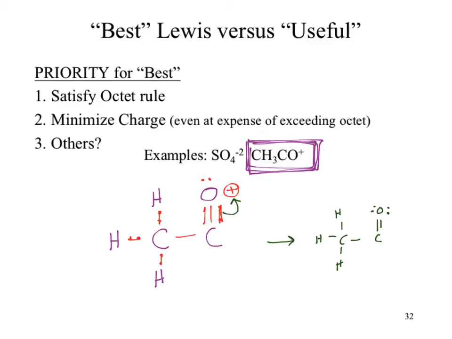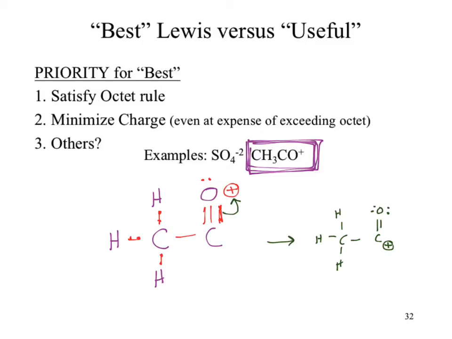Okay, at least it's not positive. That's okay. But now what happens? The carbon becomes positive. When we look at this molecule, where's the reactive atom? The carbon. We end up looking at the most useful Lewis structure, which also happens to be the first worst Lewis structure.